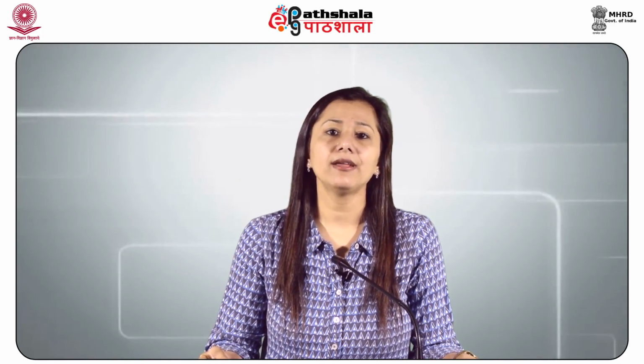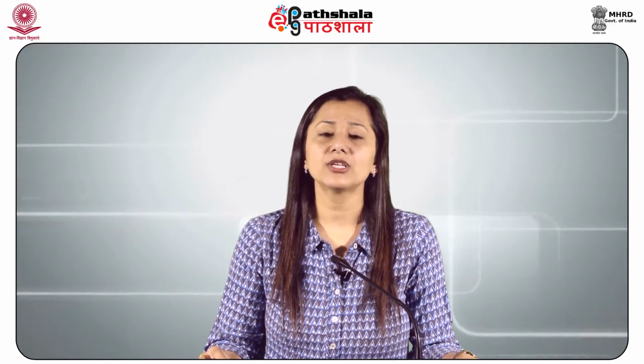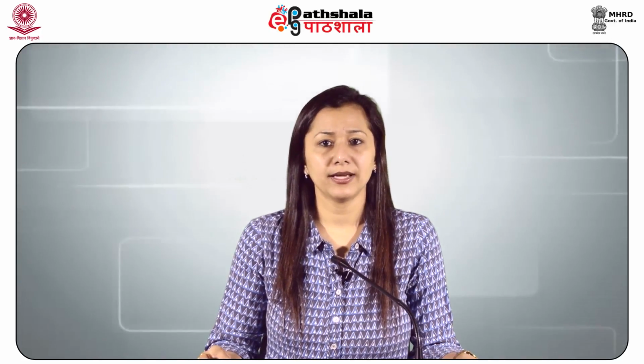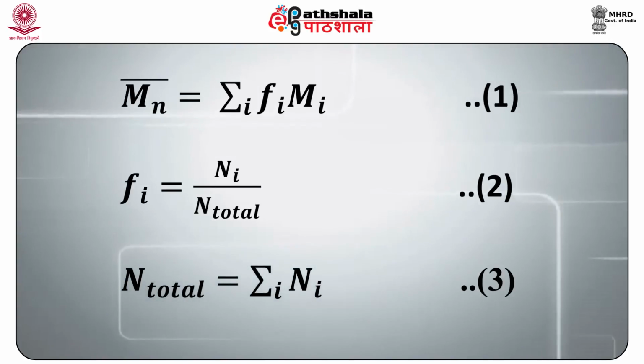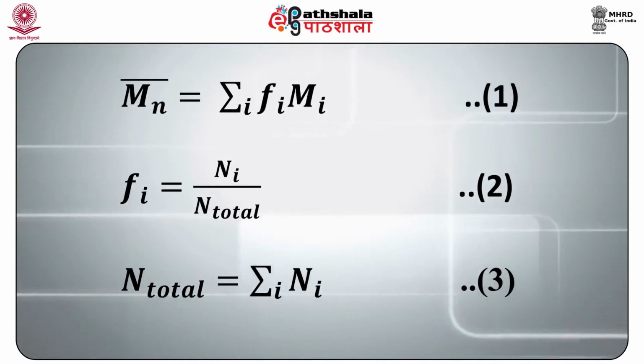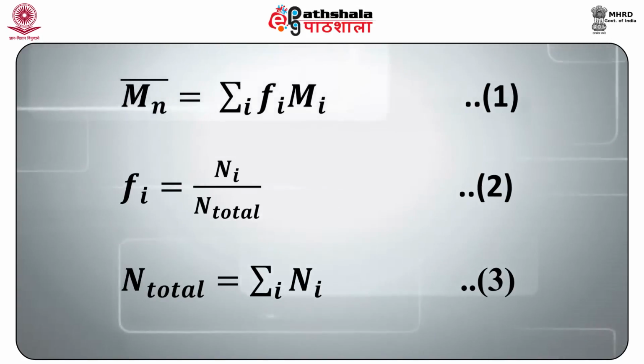Number average molar mass is obtained by carrying out the summation over the fraction of molecules multiplied by their corresponding molar mass, that is, mathematically it is given by equation 1: Mn bar, the number average molar mass, equals summation over i of Fi Mi.